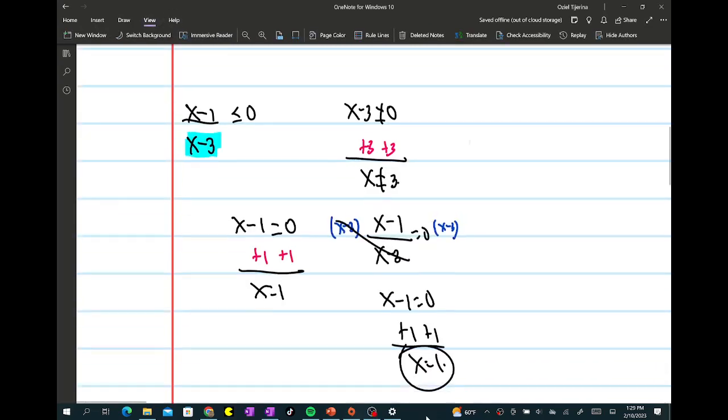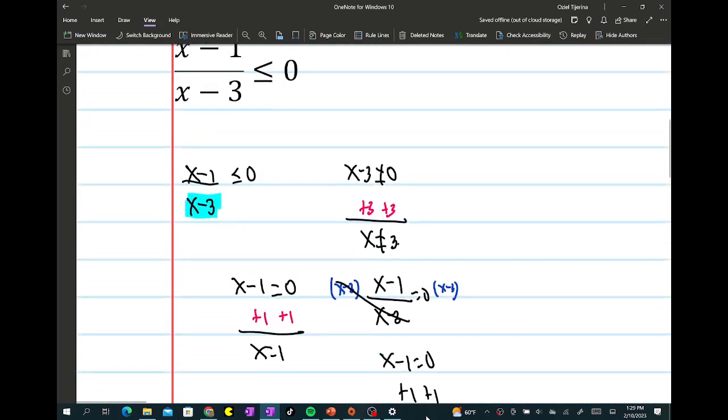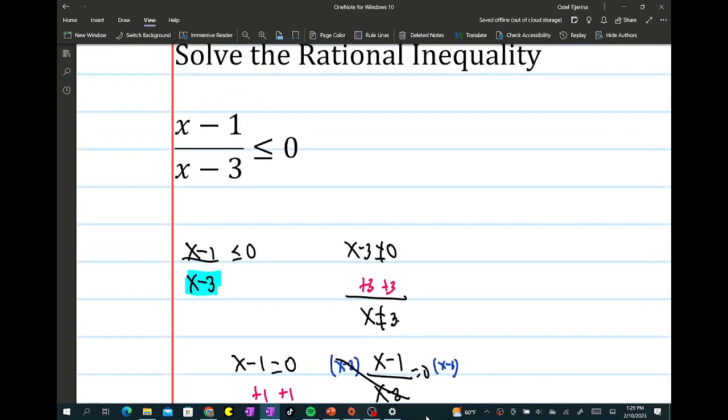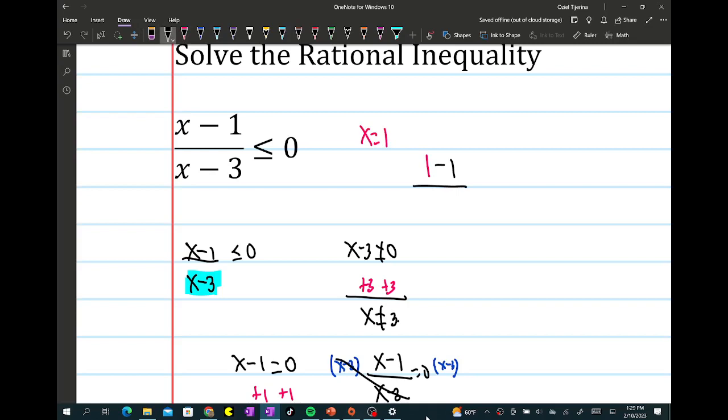Following the rules here, I know that 1 can be included in the interval, because if x were equal to 1, I can say that 1 minus 1 over 1 minus 3 is less than or equal to 0.